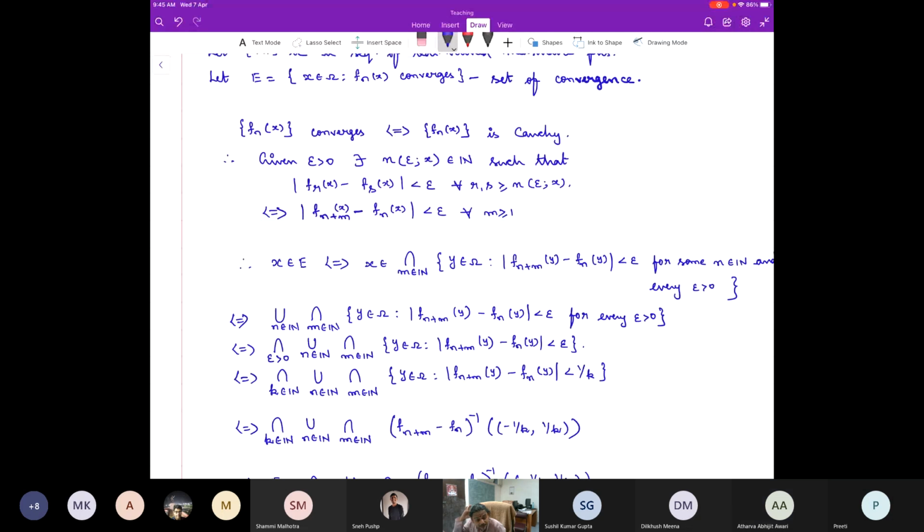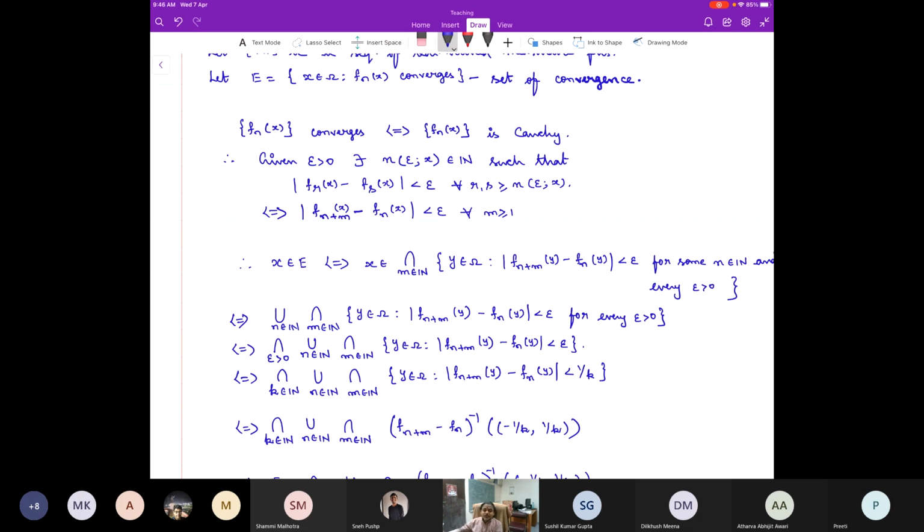See, if you have a sequence xn of real numbers, xn converging is equivalent to saying that xn is a Cauchy sequence. That's what I've used. First line, fn(x) converges is equivalent to saying that fn(x) is Cauchy, right? So what does it mean by Cauchy?